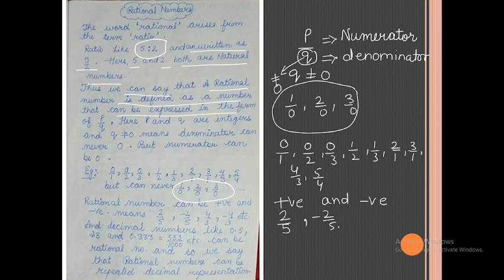And a decimal number is also called a rational number. Decimal numbers like 0.33 are rational numbers because after the decimal the digits are continuously repeating, so we can say that rational numbers can have a repeating decimal representation.